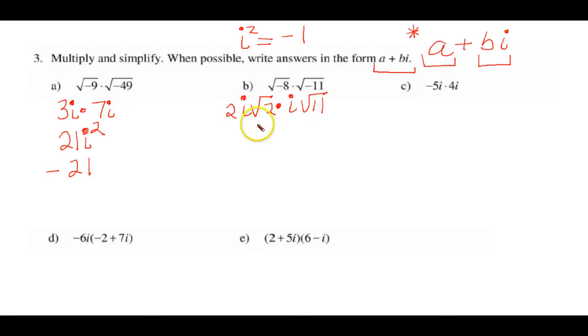Now notice what happens here. 2i times i is 2i squared. 2 times 11 is the square root of 22. We never leave an i squared, so this will become a -2 times the square root of 22.